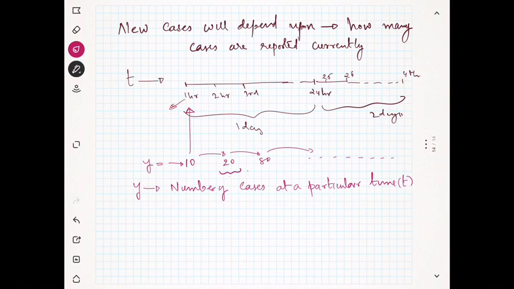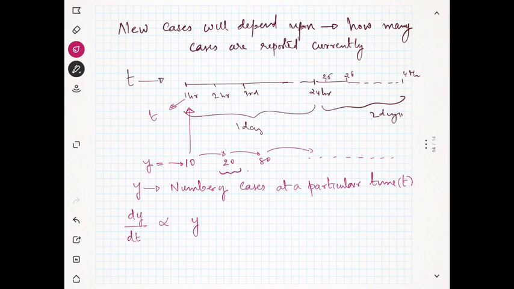And how many new cases, that is dy by dt, the rate of change, how fast it is spreading, is directly proportional to how many cases there are now, right? If there are more cases now, the rate of change also will be more.